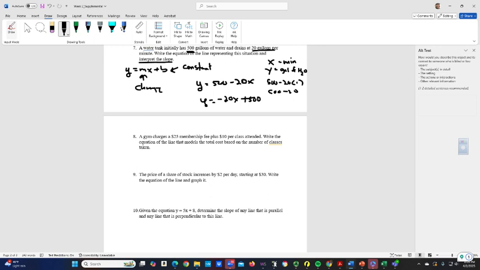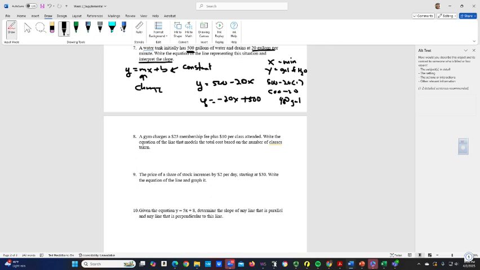So after 1 minute has elapsed, we should still have 480 gallons of water in the tank, right? And so on and so forth. So we're just doing some of these real life story problems in which you can see how the y-intercept and, I'm sorry, the slope formula comes into play.